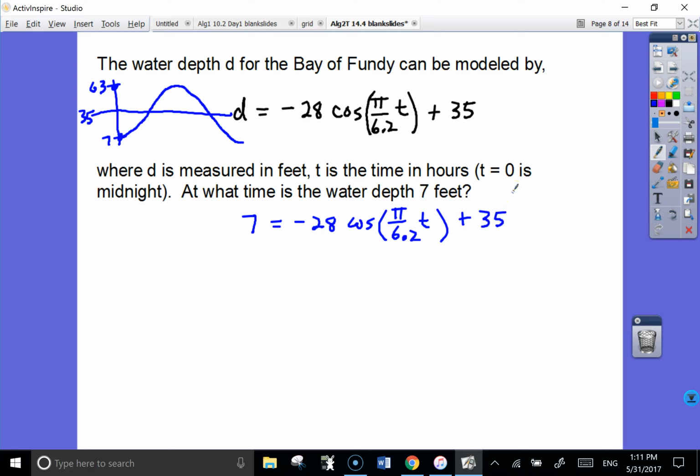Okay, so now we just follow steps. What would we usually say we do to solve a trig equation? First, isolate, okay? So I need to subtract 35 from both sides. That's going to give me negative 28 equals negative 28 cosine of pi over 6.2 T.